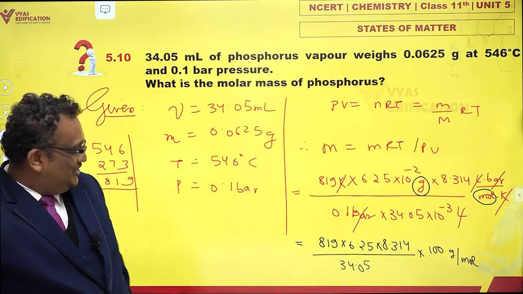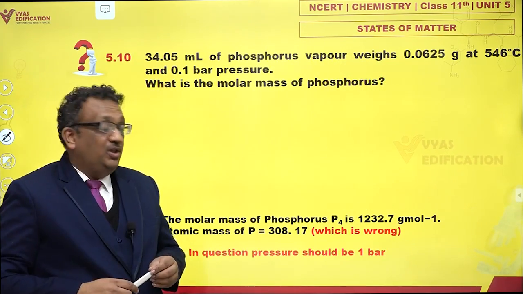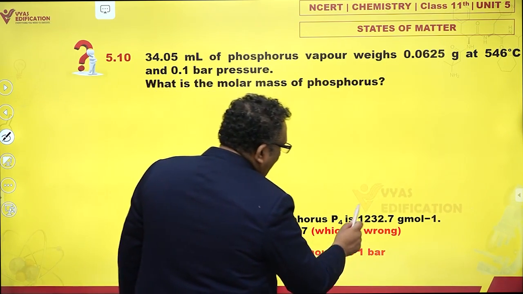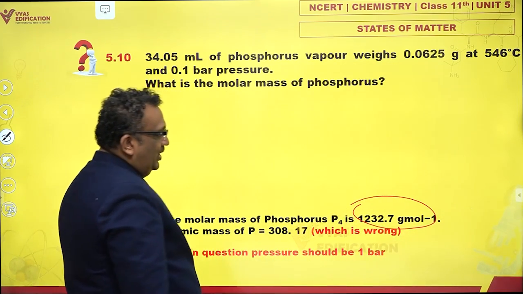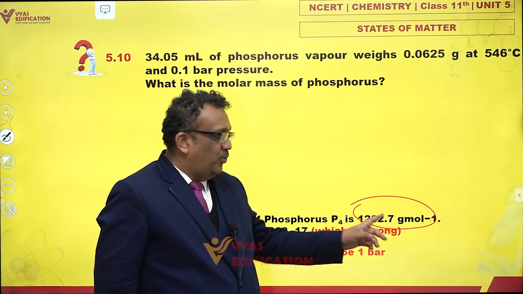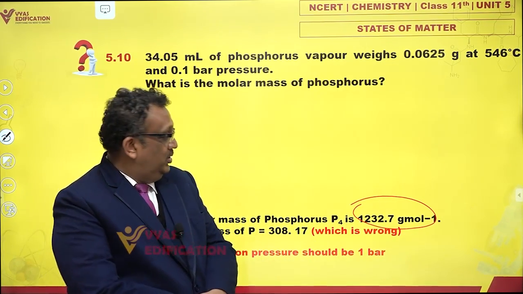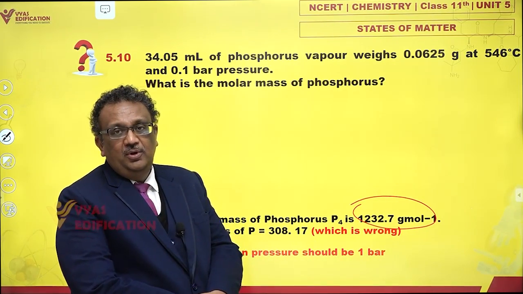This lovely calculation has to be performed. If you solve this, dears, you get molar mass as a very, very heavy value, 1232.7 grams per mole, 1232.7 grams per mole.